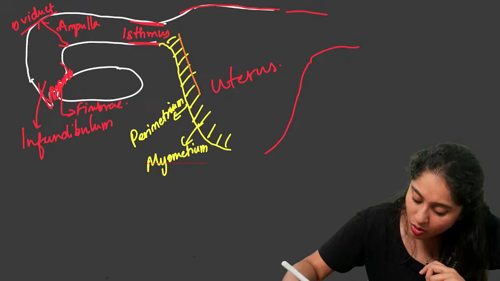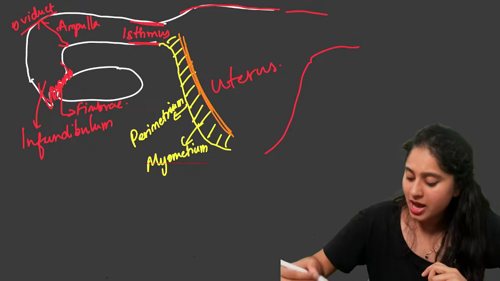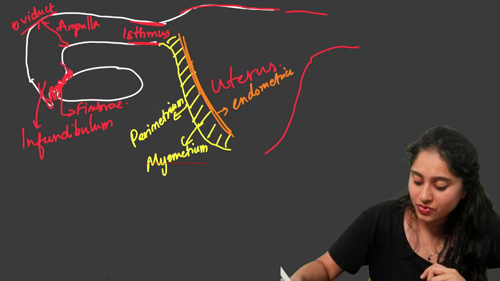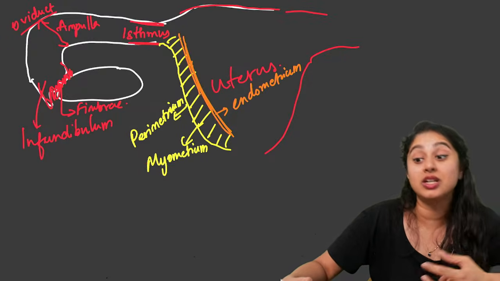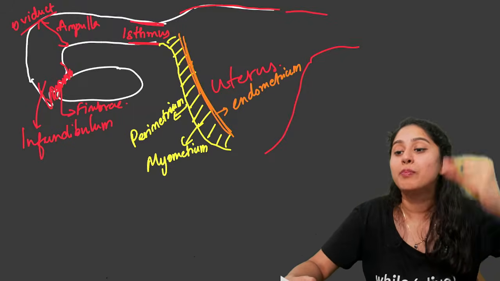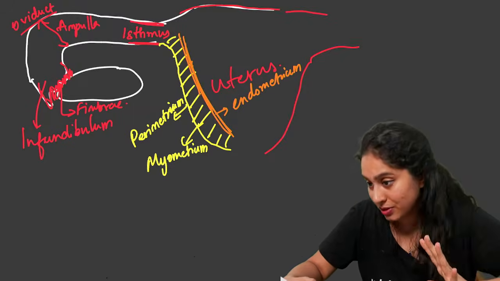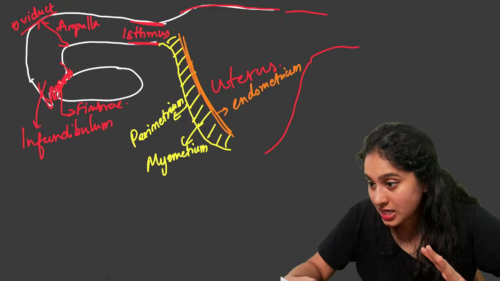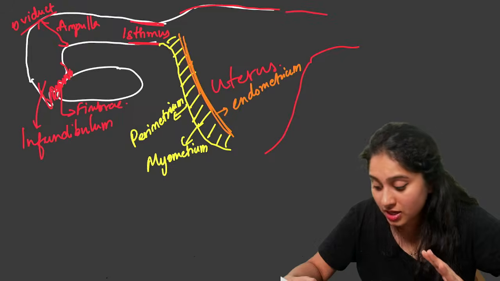And the innermost layer is the endometrium, which is very glandular in nature. It secretes a lot of substances, and it undergoes periodic changes every month. Is that clear, everybody?